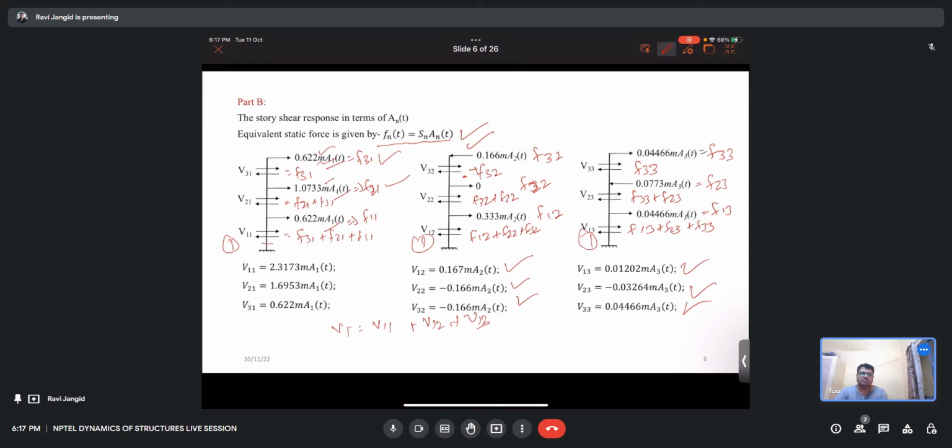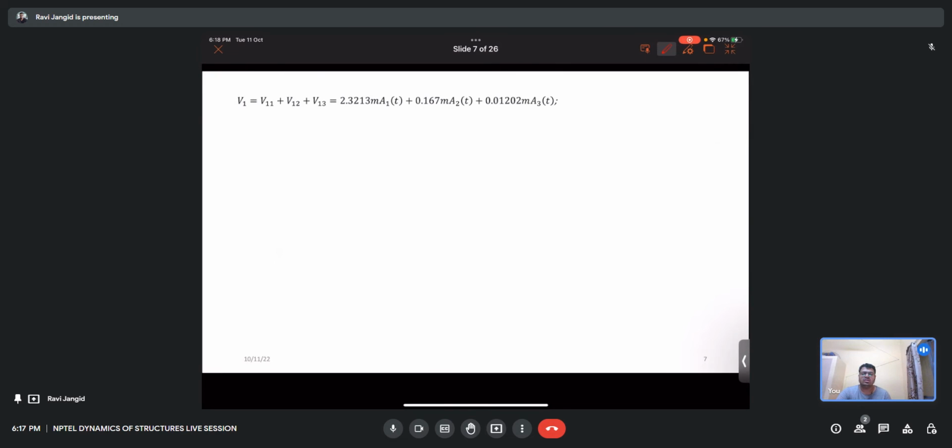For the second story, V21, V22, V23, and for the third story top, V31, V32 and V33. This way we have simply added for the first, second and third story.